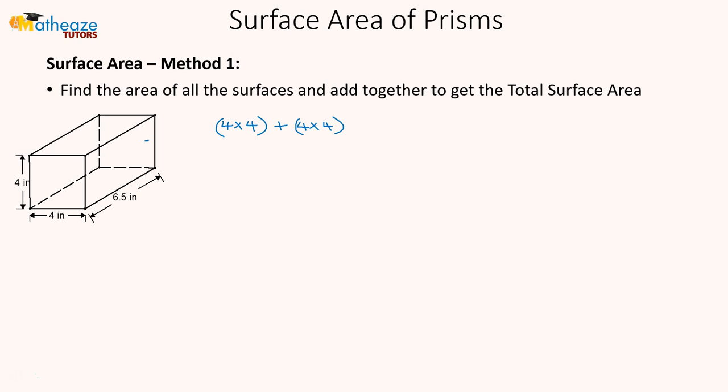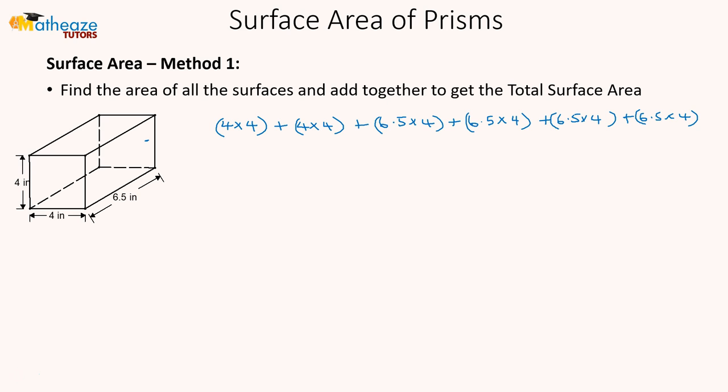Now the rectangular base is 6.5 times 4 for the area, and also the surface above, which is also 6.5 times 4. So now we've addressed 4 of the surfaces. Now we're going to address the last 2 surfaces, which are also 6.5 times 4 each.